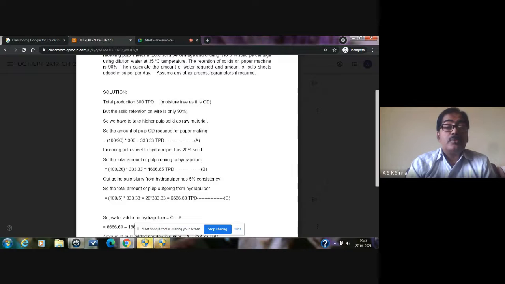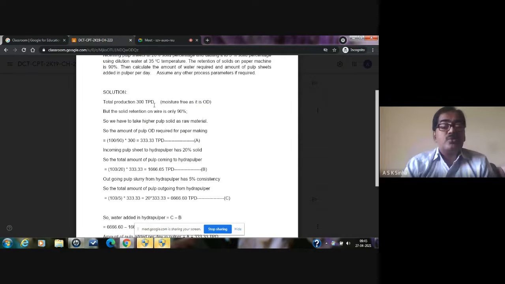This is the production of the paper machine. That means after accounting for the different types of losses, because when you are doing the manufacturing, the well-known process is not 100% closed. Some of the fibers will escape from the joints, maybe leakage from the pumps, leakage from the pipelines.